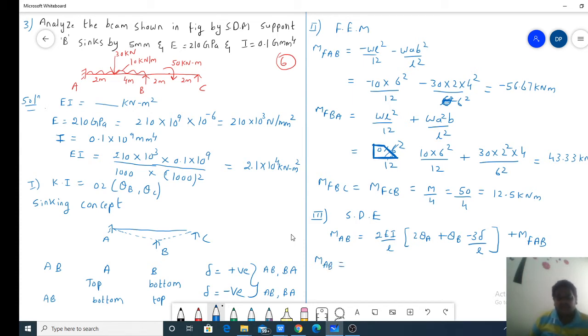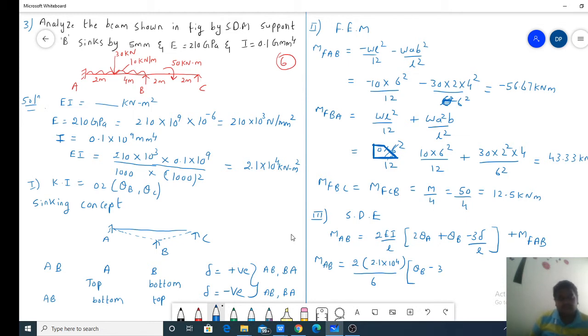Now wherever EI is there, 2 into EI value, you know that 2.1 into 10 raised to 4, right? Upon L, you know that L is 6 meter, right? And into 2 theta A, you know that it is 0, so that will be 0. Then theta B I am putting as it is, minus 3. Now delta should be in meter.